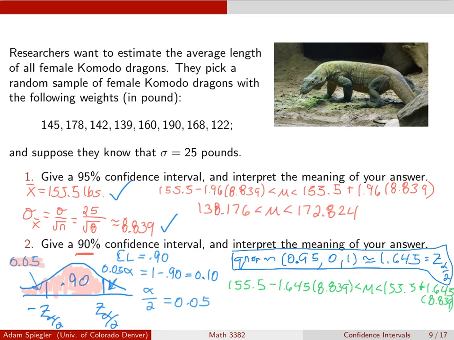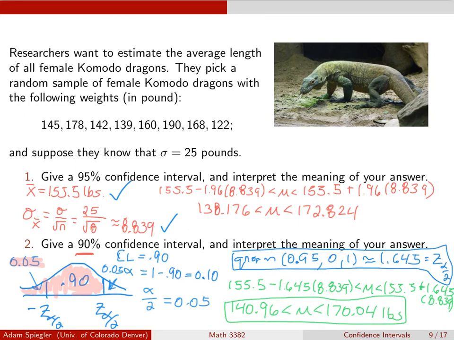And so calculating those limits, the lower limit comes out to 140.96, and the upper limit comes out to 170.04. And here we're estimating the weight in pounds for female Komodo dragons.